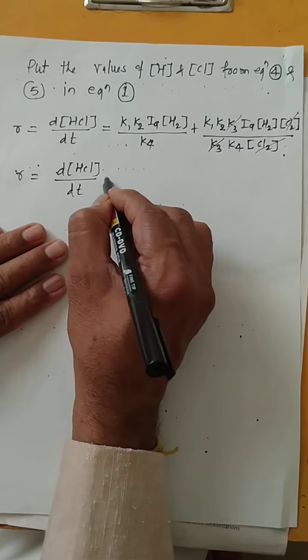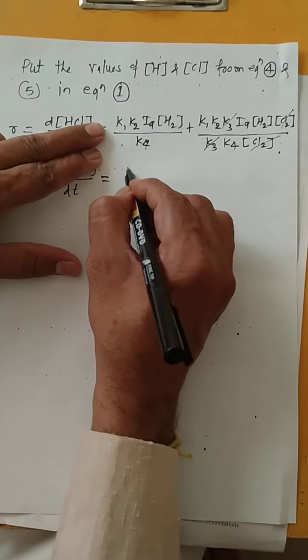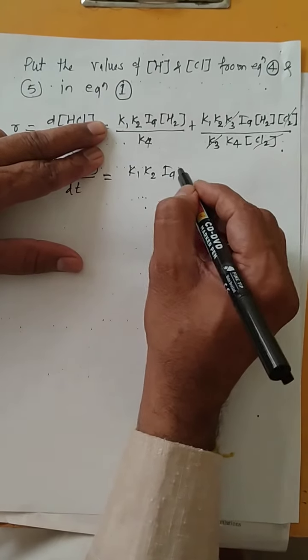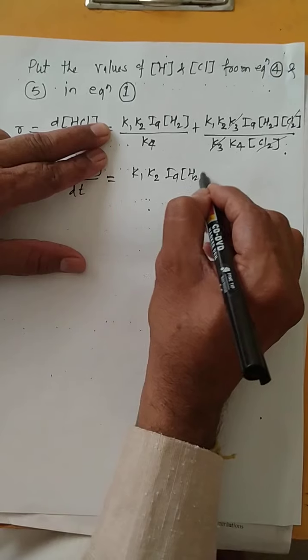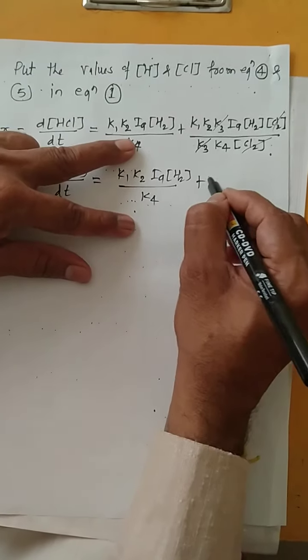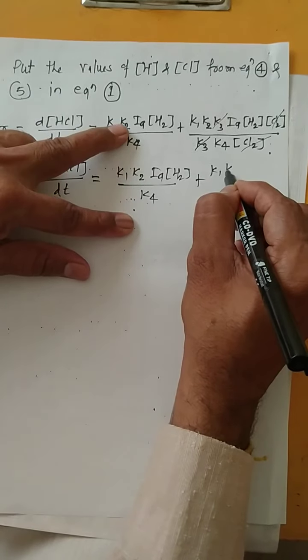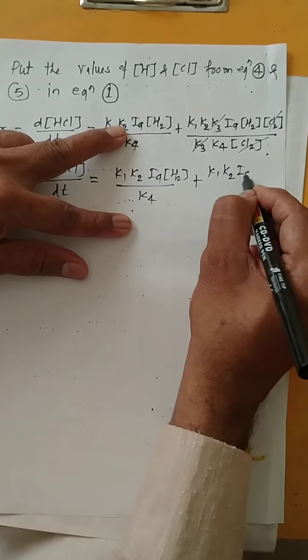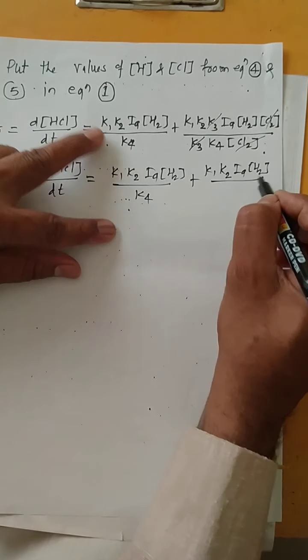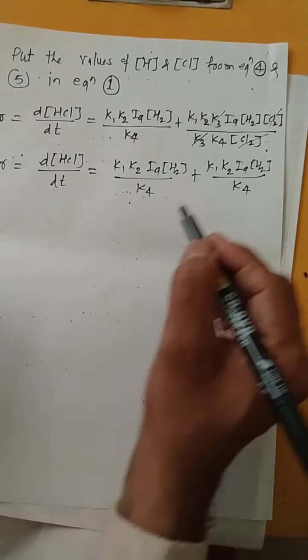The rate of formation of HCl with time is equal to K1, K2 intensity absorbed concentration of H2 upon K4, plus K1, K2 intensity absorbed concentration of H2 upon K4.